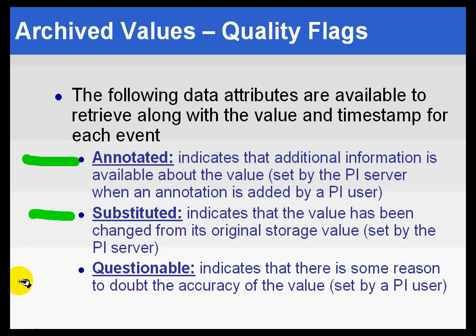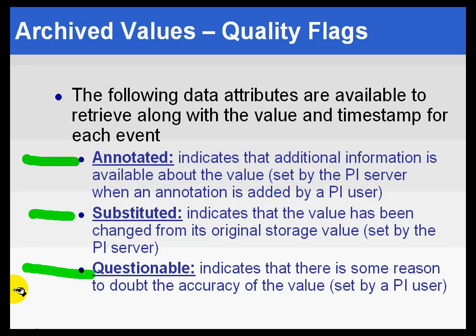Substituted indicates that the value has simply been replaced. There are some circumstances with interfaces where values can be replaced, or with manual logger information where you can substitute a value deliberately using your manual input mechanism, either PyManualLogger or the putVal function in DataLink, and that will show up as substituted status.